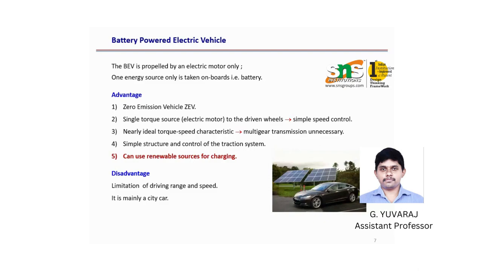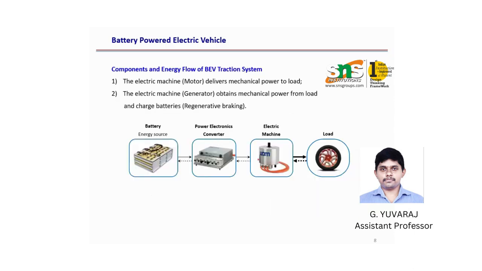But the major disadvantage we see in this kind of vehicle is the limitation of driving speed and also the driving range. So it is mainly used for urban usage only, for a maximum of 10 kilometers.